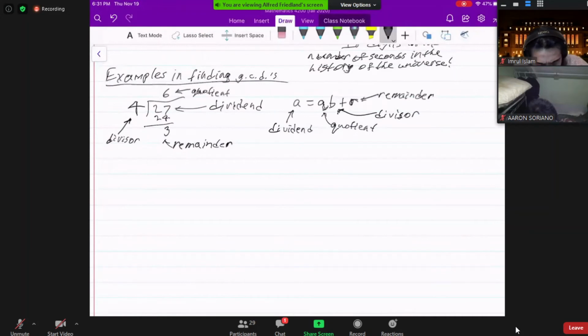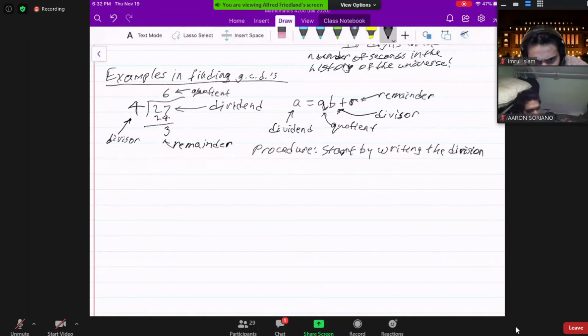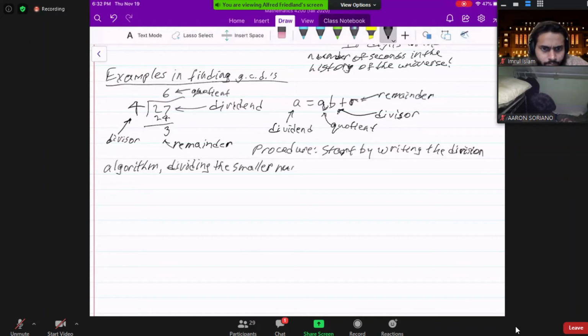What we did was start by writing the statement of the division algorithm, dividing the small number into the bigger number.